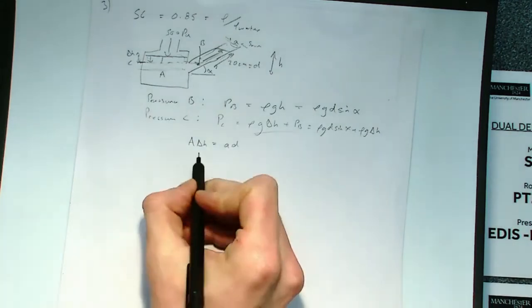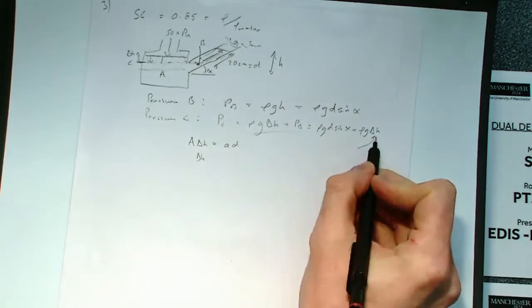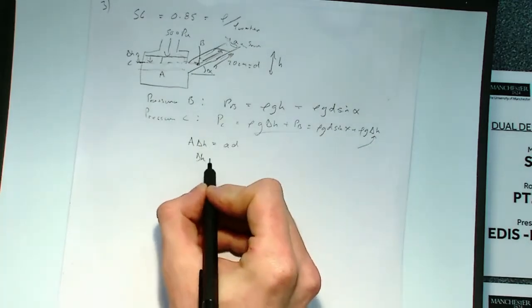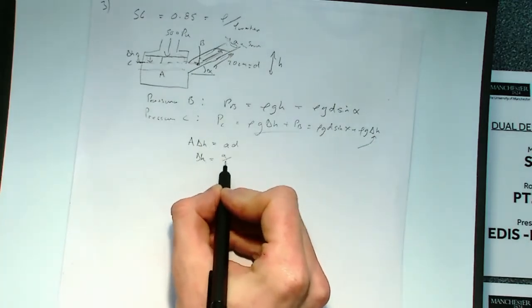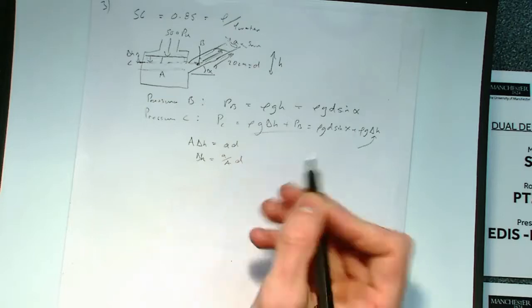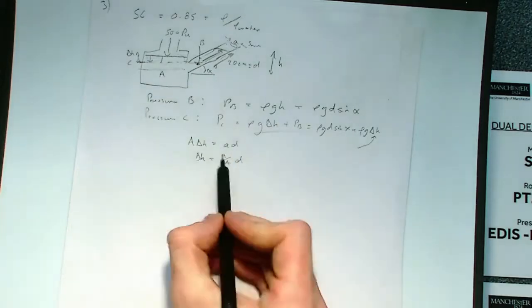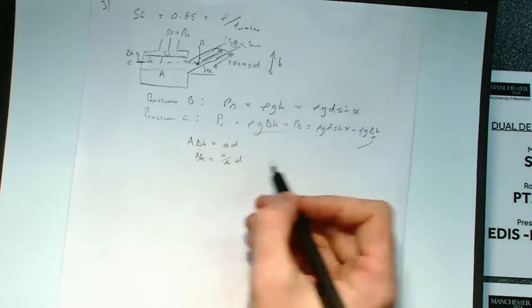So then we can write that the change in H, which we need for this equation here, is equal to the ratio of the areas times D. That's just rearranging this equation here.